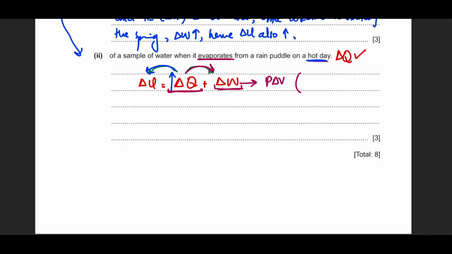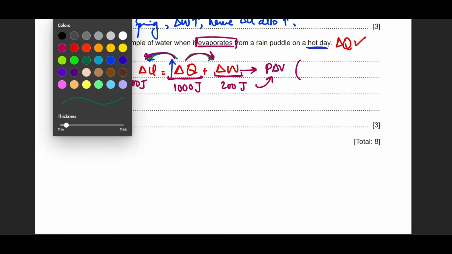So whatever extra is left will be converted into the internal energy. It could look something like this: we provided, let's say, 1000 joules of heat energy from the atmosphere. Approximately 200 joules is utilized to do expansion for the evaporation, and the remaining 800 will go into the internal energy reservoir.